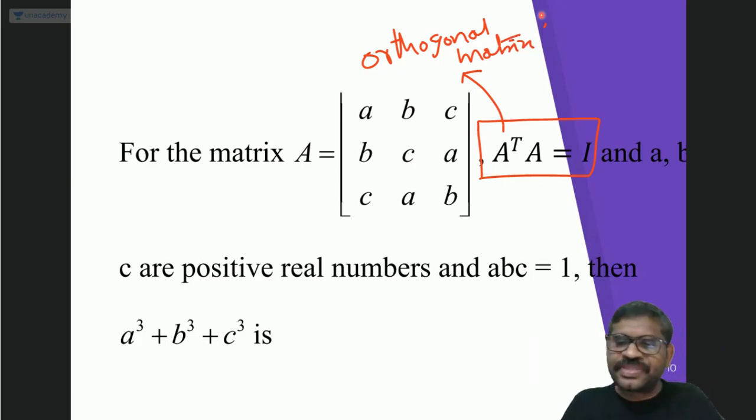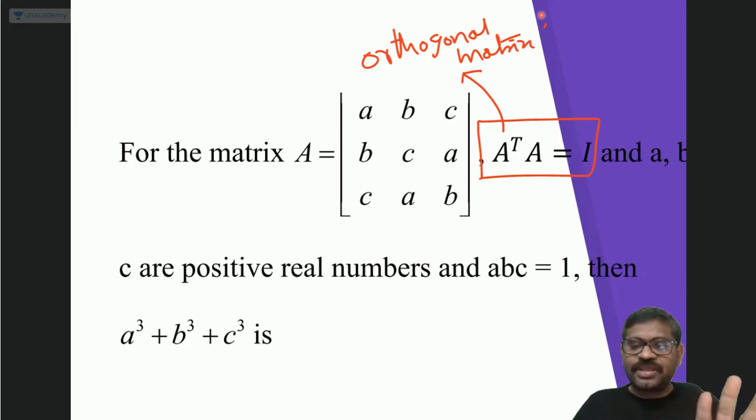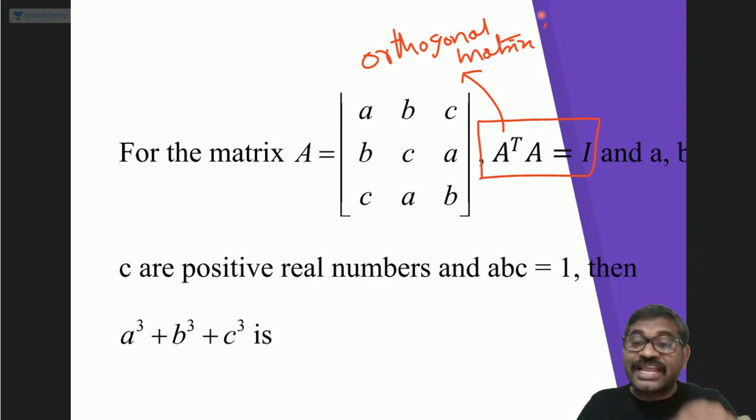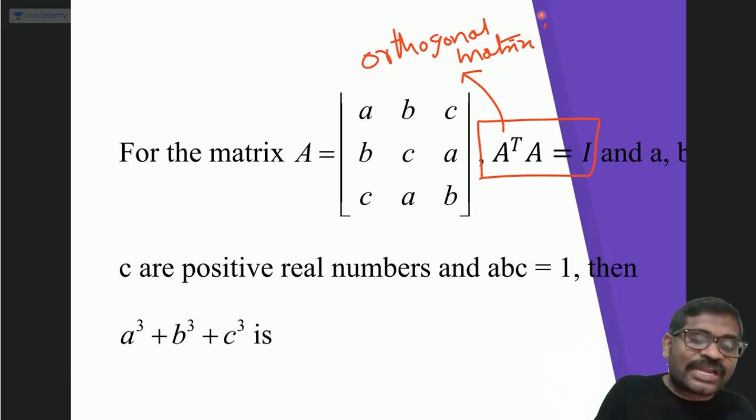Understood? ABC values are unknown. We don't know. They have mentioned that ABC are positive real numbers. Okay. And ABC equal to 1.